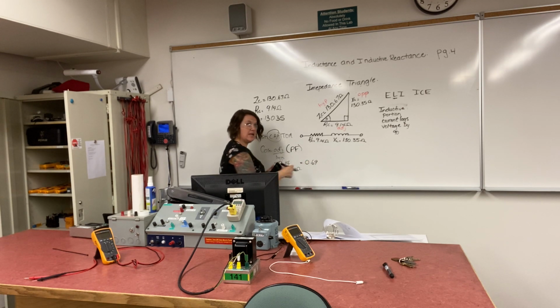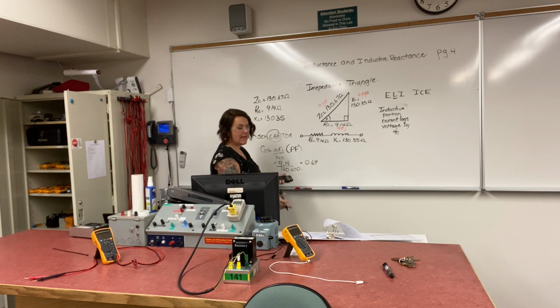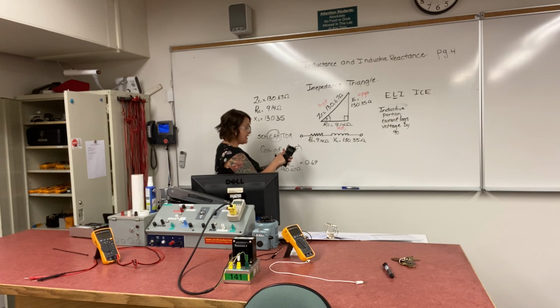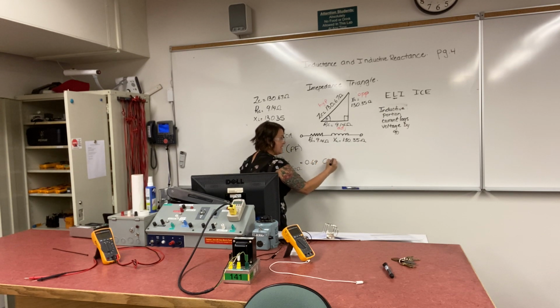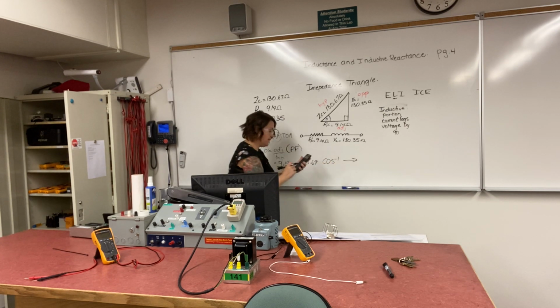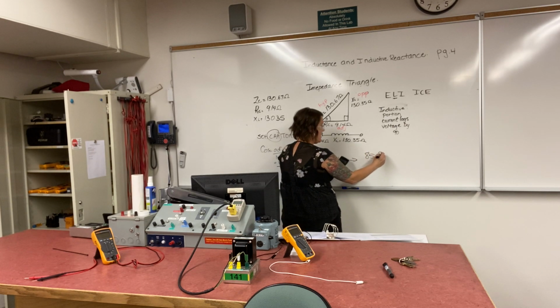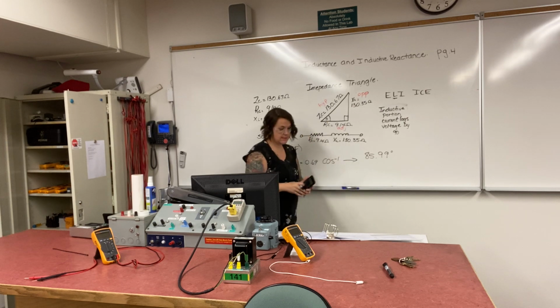Okay, and if I inverse cosine that, that'll allow me to find the angle of opposition for the coil. Second function cos, or cos to the -1, that gives me an angle of 85.99 degrees.